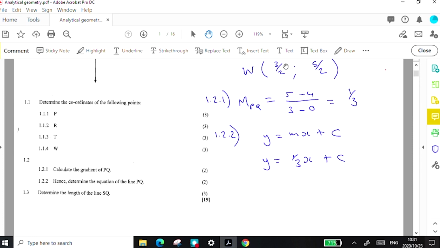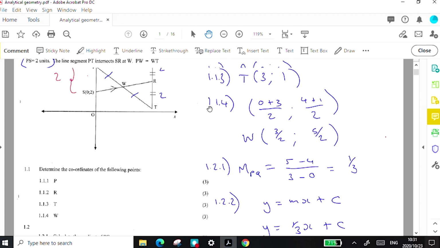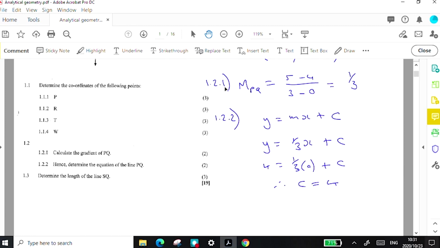That is, when x is equal to 0, y is 4. Therefore, c should be equal to 4. So the equation of the line PQ is given by the equation y is equal to 1 over 3x plus 4.